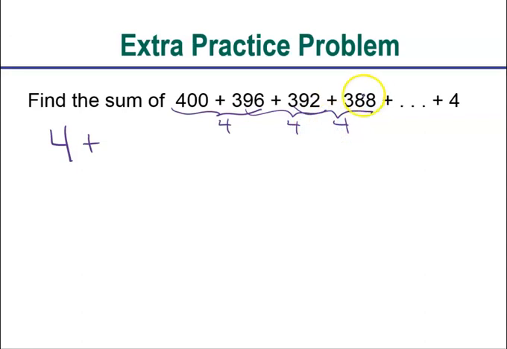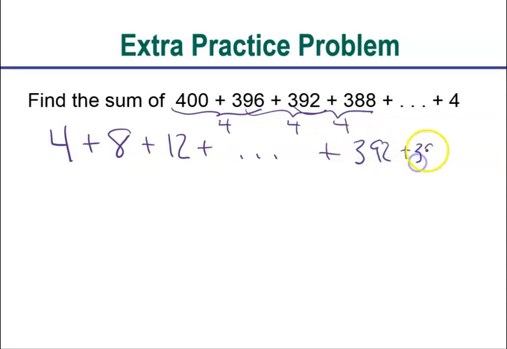Right? So the next one below here, 388 minus 4 would be 384. So if these are all 4 apart, then the next one, if I'm working my way up, would be 8 plus 12, right? Plus dot, dot, dot, plus. Now, do you have to list all of these? You don't. We say 392 plus 396 plus 400. So that's what we have to do.